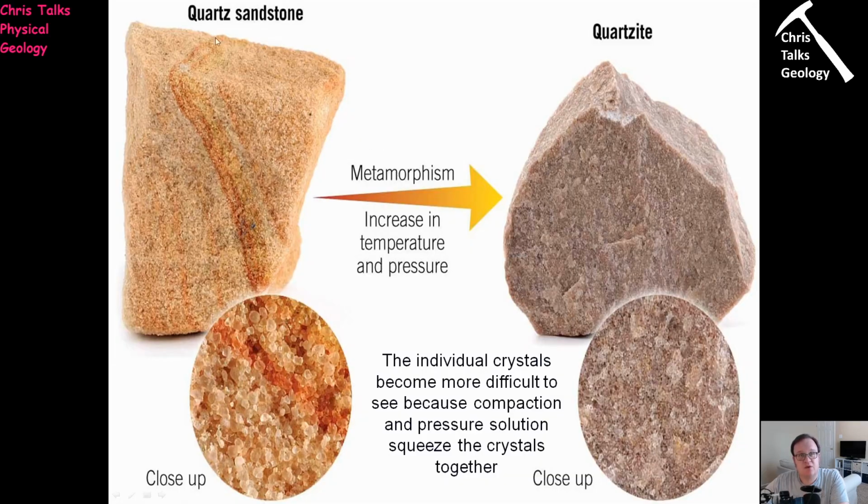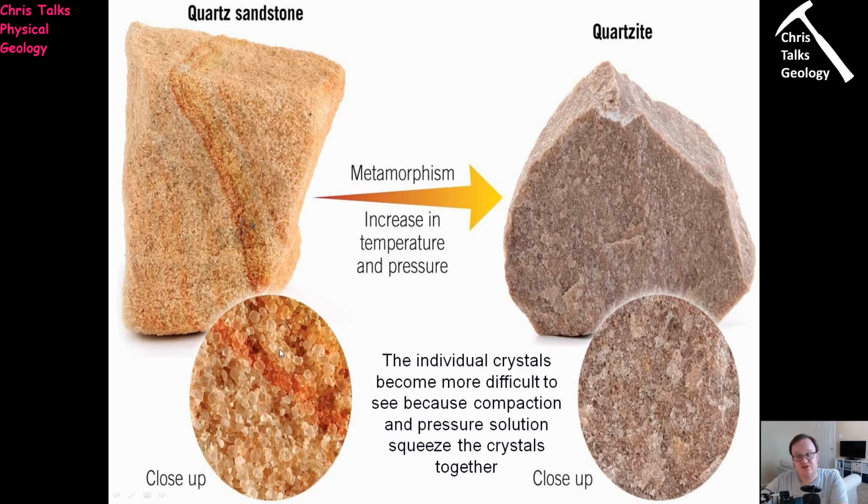Okay, so a quartz sandstone, when you metamorphose it, will give you a quartzite. Essentially, all that happens is you can see we have individual clasts which are visible in our sandstone. In the quartzite, on the other hand, we've lost that clarity, haven't we? Okay, it's a mixture of compaction, obviously forcing these crystals even more tightly together.